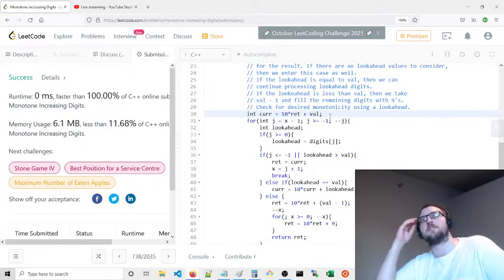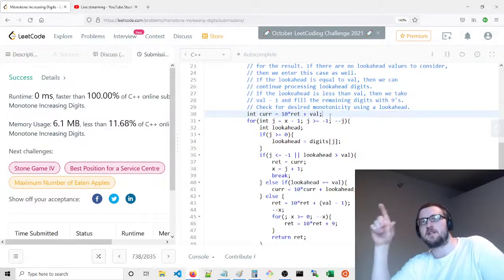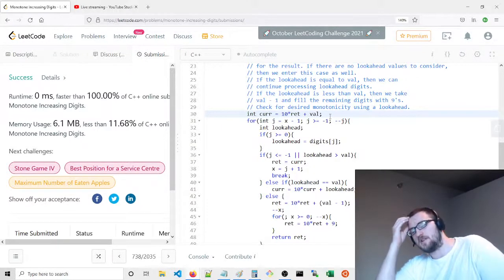If it's smaller, then that means we can't monotonically increase from here, so we would take one less than the value we're given and then fill the rest with 9s. We're done. If we are equal, then we can keep iterating until we find something that's not equal.